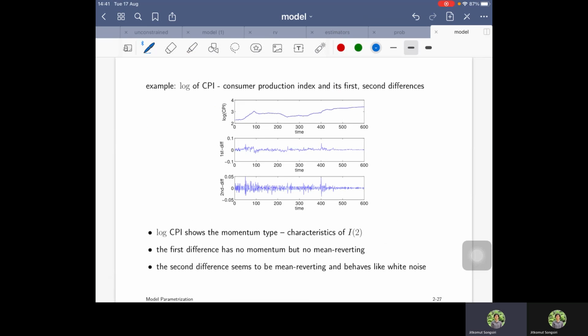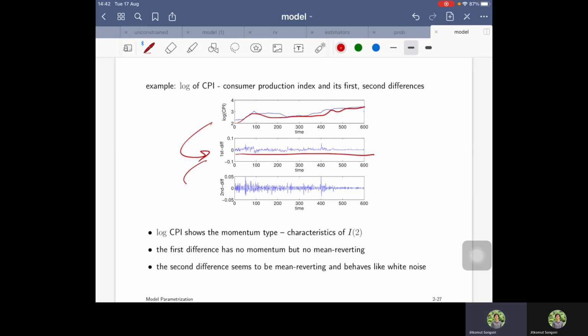This is an example, a time series of log CPI, consumer price index. You see, it looks like there's a trend, there's a drift, right? So you may want to try first order differencing. But still, this one doesn't have the mean reverting effect. A stationary process should look like it goes up and down, fluctuating over a constant mean.